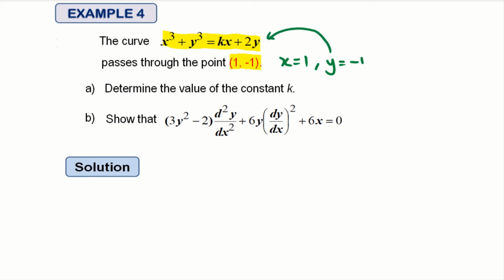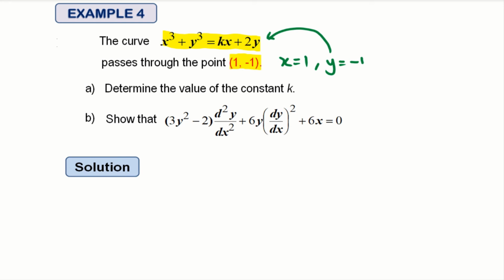Determine the value of the constant k and show that 3y square minus 2 multiply second derivative of y with respect to x plus 6y dy dx square plus 6x equals to 0. So we have two objectives for this question. First, we are going to find constant k.